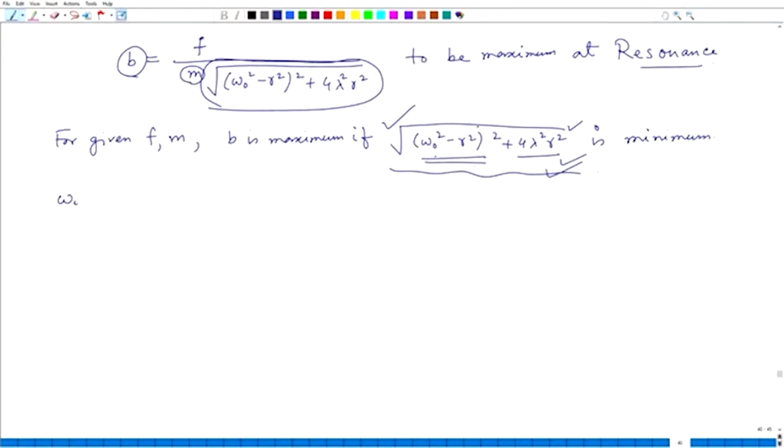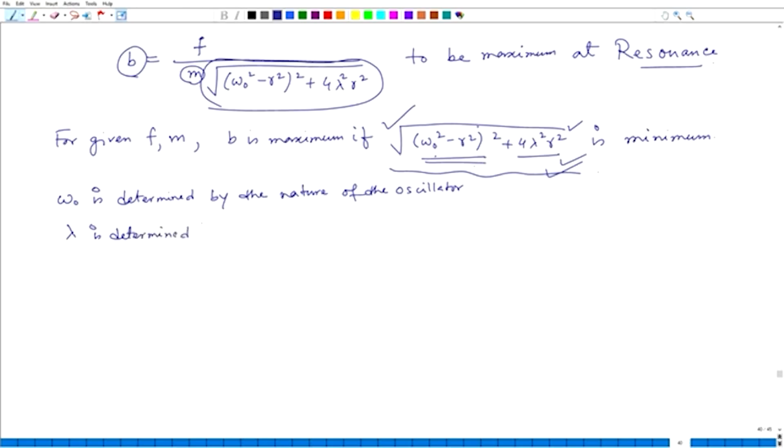So, that means lambda and omega 0 we cannot touch. Omega 0 is determined by the nature of the oscillator. Lambda is determined by the medium.